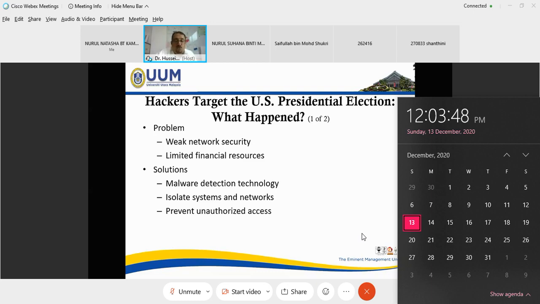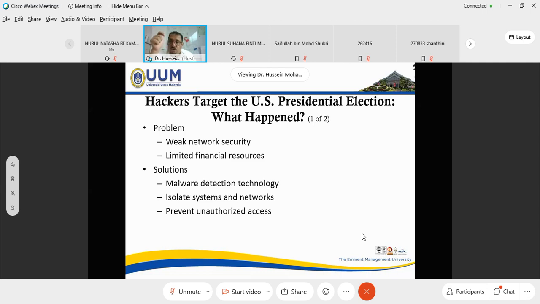Malware detection system or technology, isolate systems and networks, prevent unauthorized access to the system. Sometimes even authorized people do. Yes, they took other people's username and password, so they look into the system as a legitimate user. They have legitimacy to enter the system because they use the real username and password.